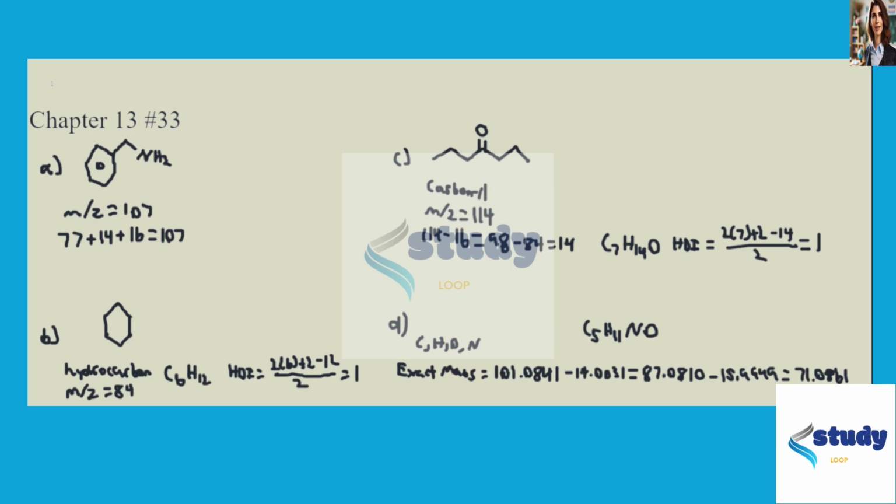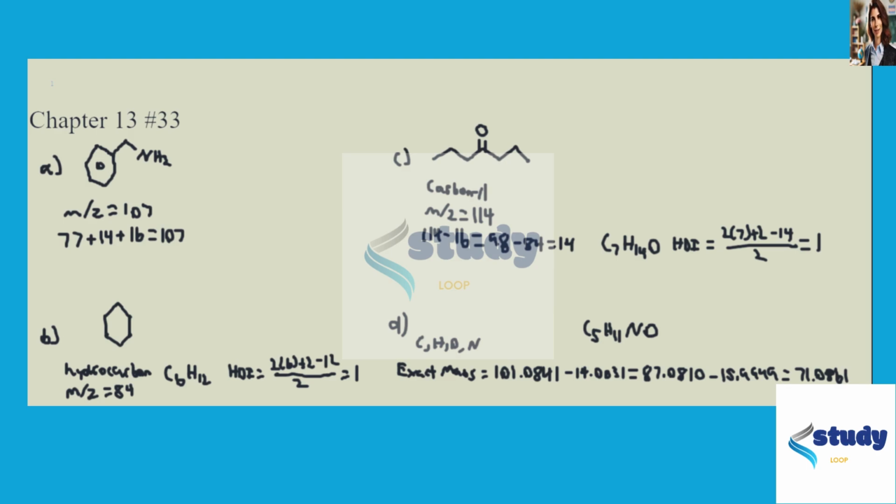So then plus 60 for carbon, and then plus 15.9949 for the oxygen, and plus 14.0031 for the nitrogen is going to be 101.08413. So that is perfect. So this formula is perfect. We now just need to draw something that's going to incorporate all of these pieces.